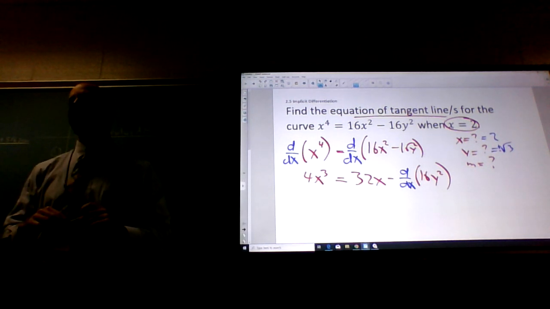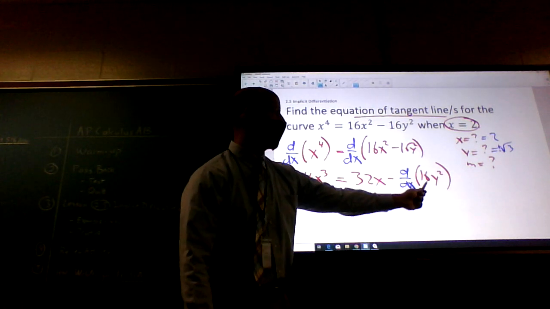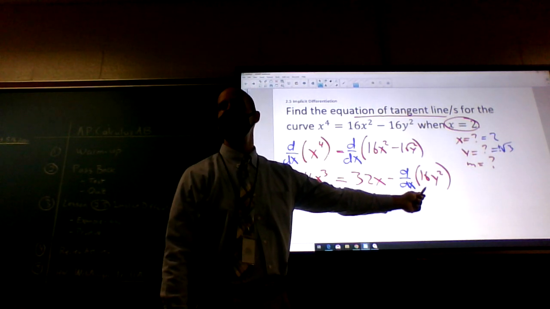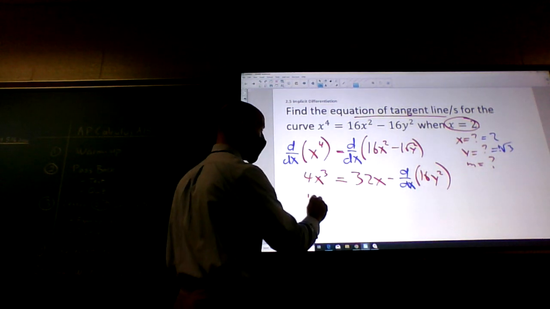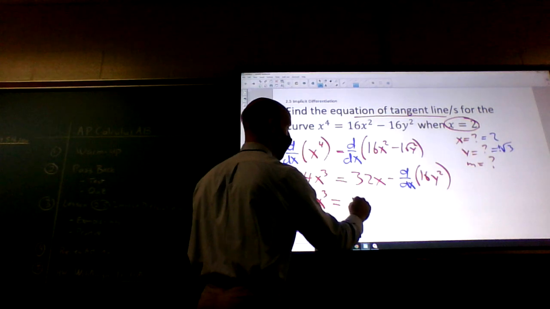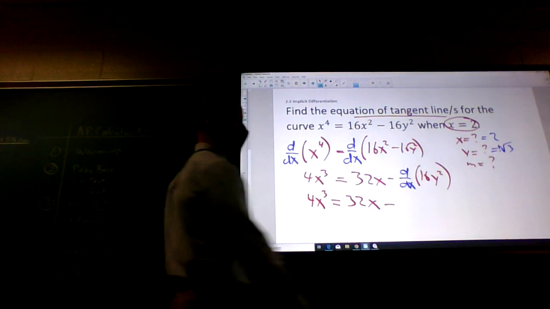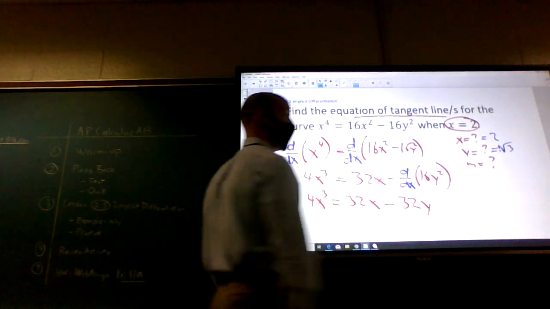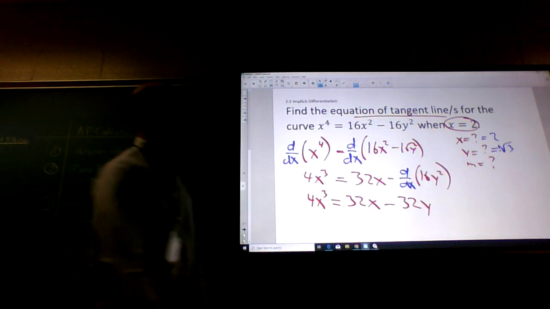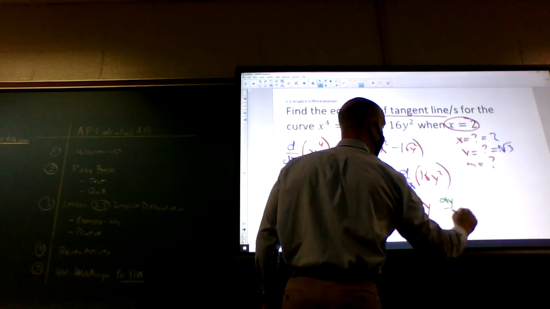Here's the only time we do something different. We're trying to do the derivative with respect to x, but this is in terms of y. So here's what you do. By the way, what do you think the answer is? 32y is correct, but now I'm going to write this in green. We also have to include this.